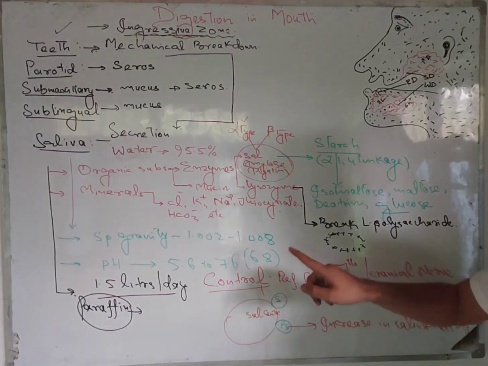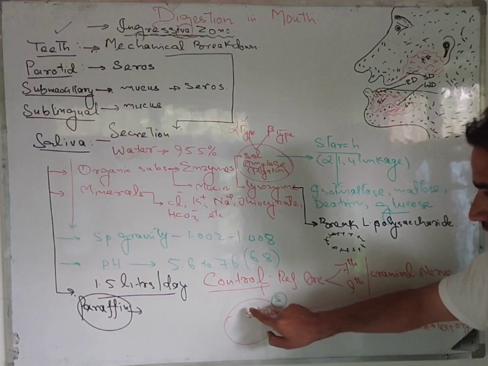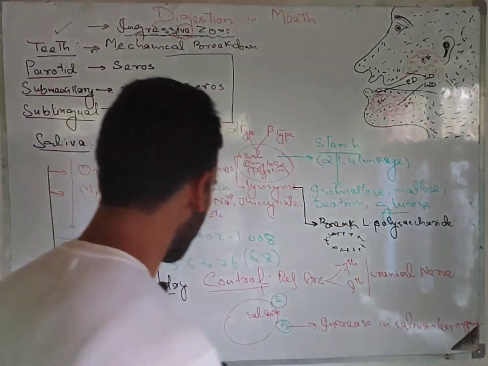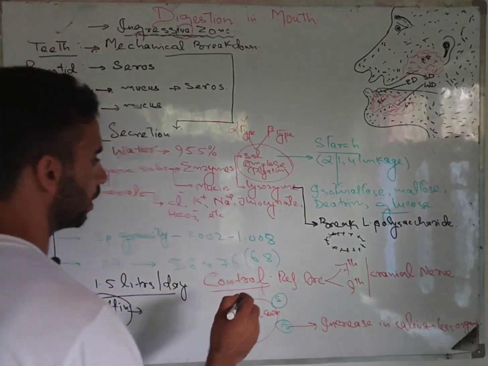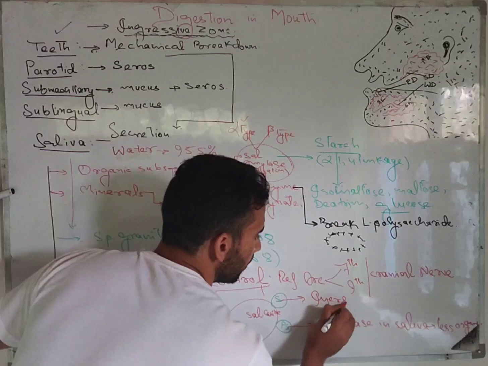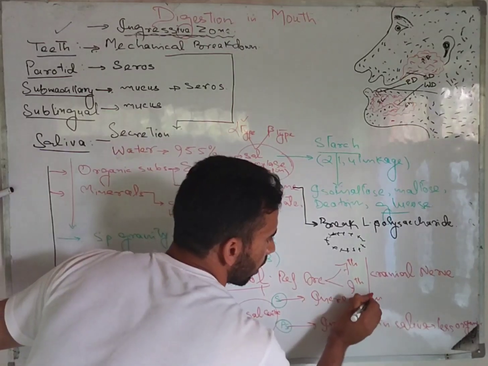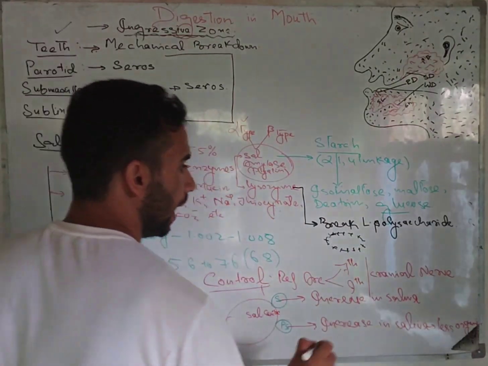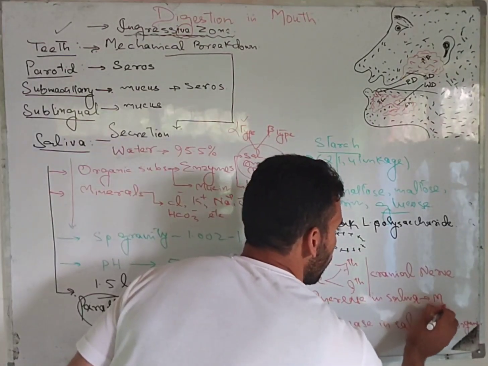Then the salivary center of the medulla oblongata will make use of these sympathetic nerves, and at that time what will happen? There will be an increase in the secretion of saliva, and that will be more organic.